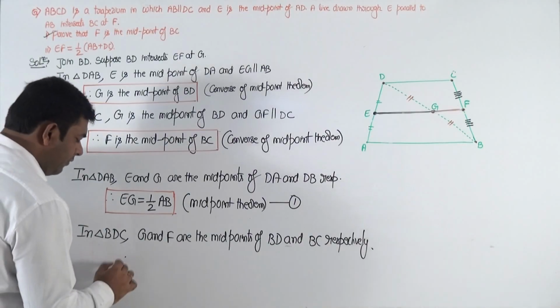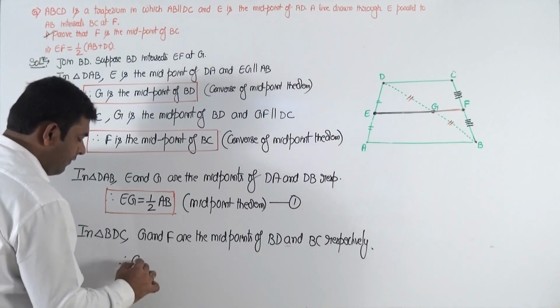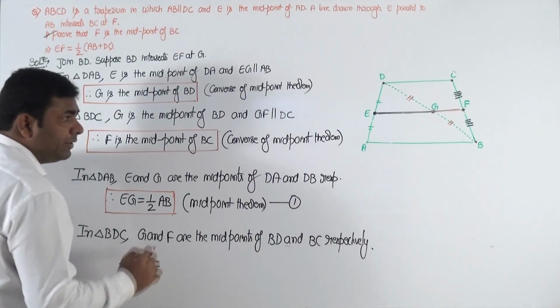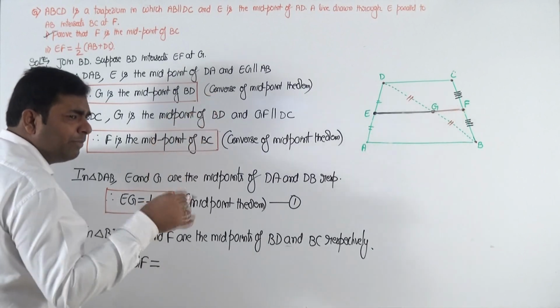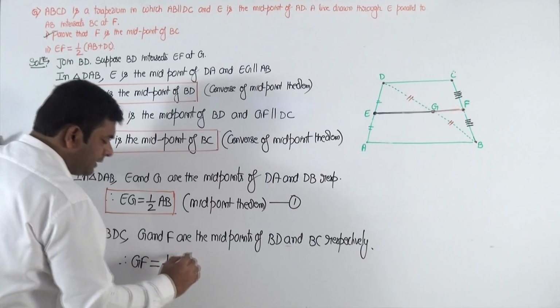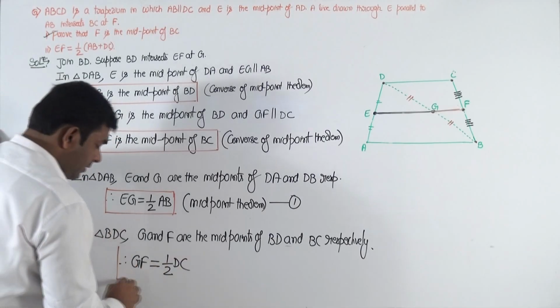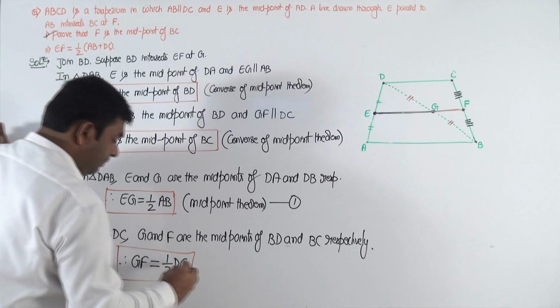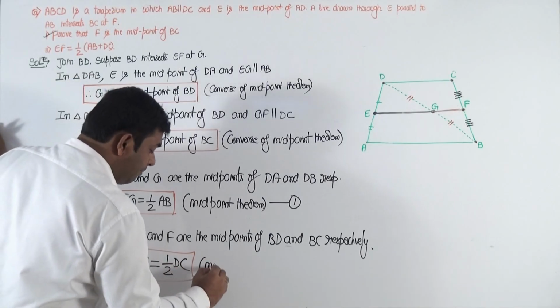Therefore क्या होगा? Therefore GF is parallel to DC होगा, parallel वाला मुझे जरूरत नहीं है. So GF is equal to half of DC. This is by midpoint theorem.